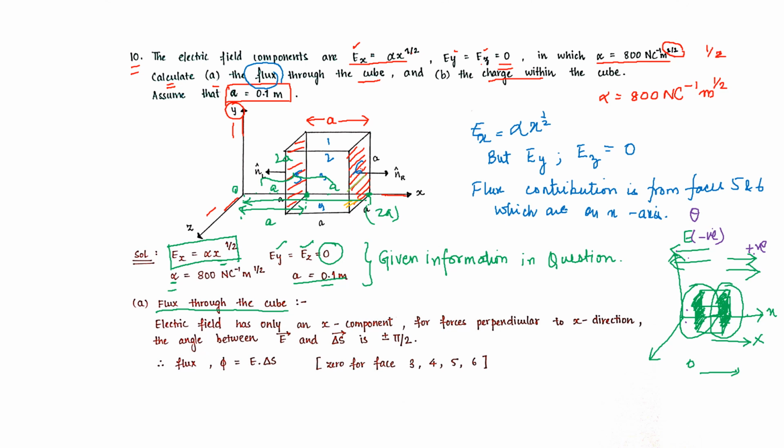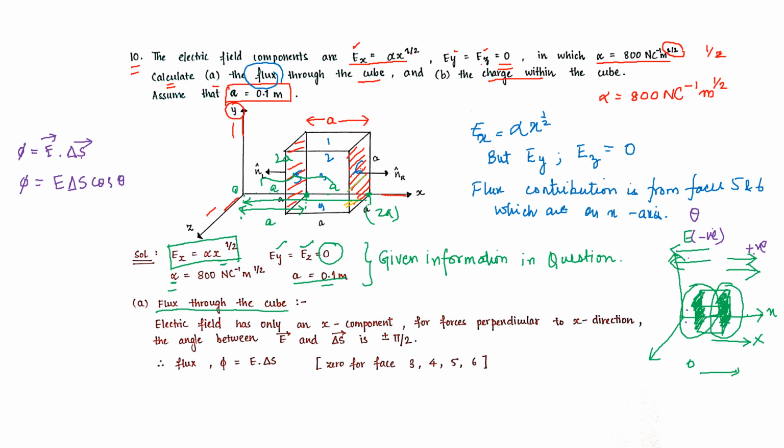Come to the left corner. What is the formula for flux? It is phi equals the electric field vector dot the surface area vector, both being vector components. They are denoted by a dot, and when we remove the dot it will be E dS cos theta.